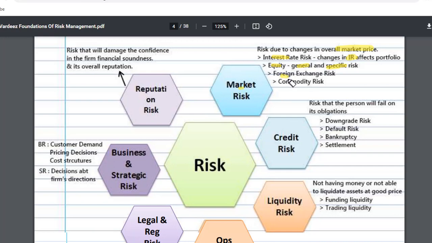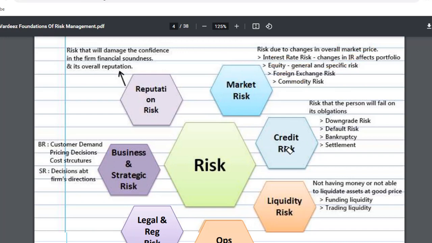What is going to be the amount when you convert it to your home currency, higher or lesser? That's again a foreign exchange risk. And finally, we have commodity risk. Take a manufacturing company. We have some inputs to get. What would be the price? We don't know. So that's a commodity risk as well. This forms the market risk.